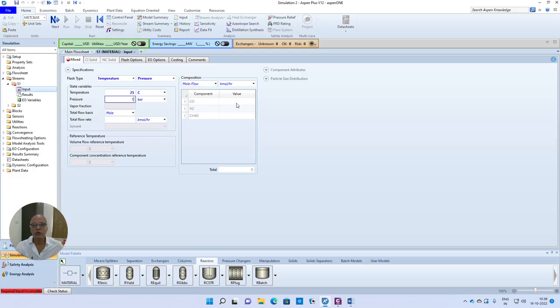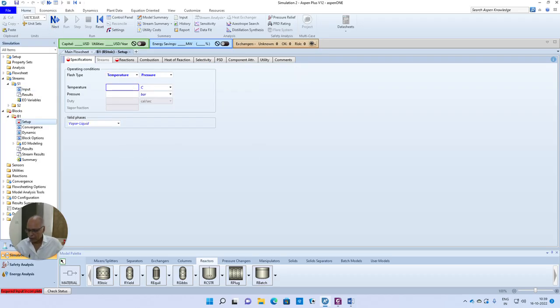And the mole flows, they must be in the stoichiometric ratio. So if they are not in the stoichiometric ratio, we will not be able to call it as standard heat of reaction. Okay. This is, we have defined the stream. Now let us go to the next input screen.